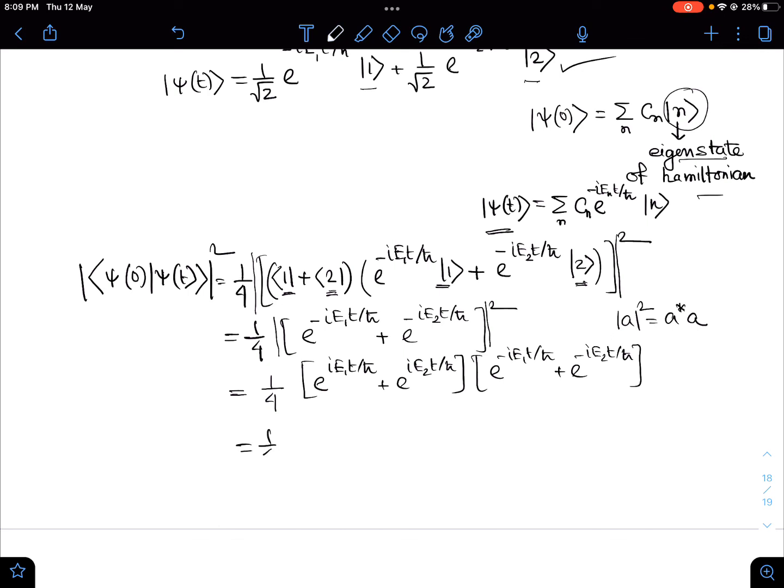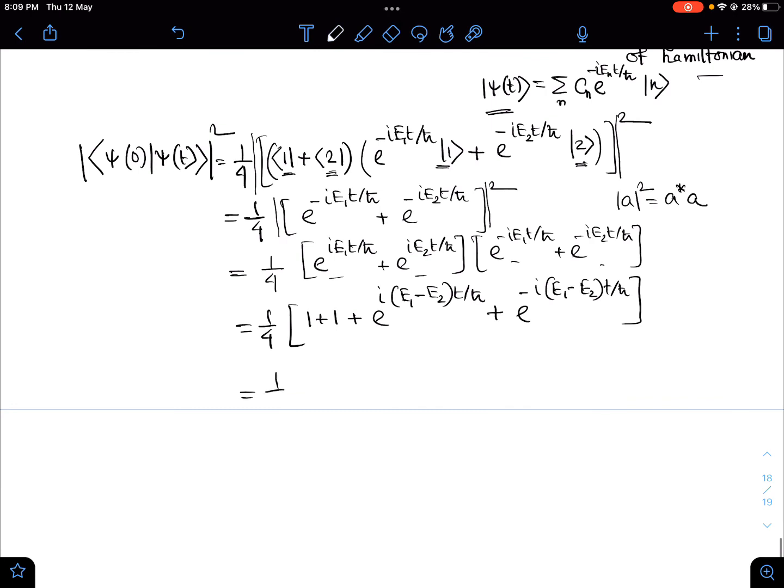So this product will be 1, this product will also be 1, and we will have one term as e to the power i (E1 minus E2) t by h cut, and another term e to the power minus i (E1 minus E2) t by h cut.